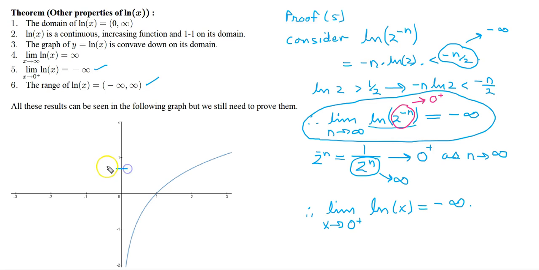So if I pick any value y on the y-axis, certainly if I go over, I am going to have to hit the graph of the natural logarithm somewhere. And so therefore there is going to be an x value in which the ln of x equals that particular number y that I picked on the y-axis. And once again, that is because of 4 and 5 and the fact that the natural logarithm is continuous.